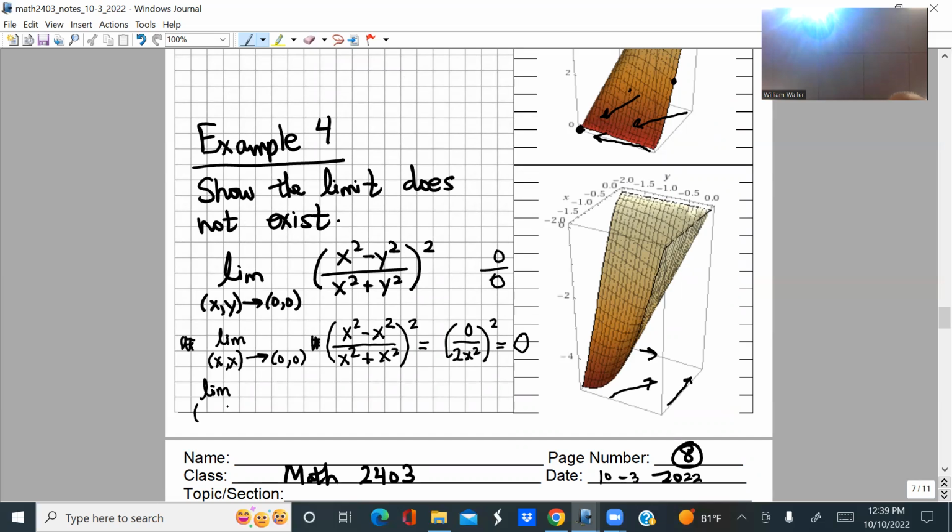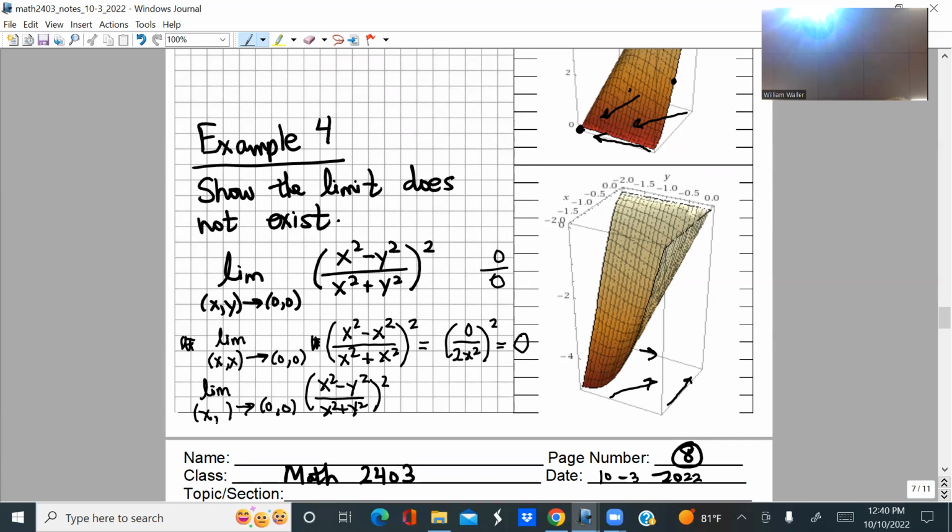So what do these points look like as you are approaching along the x-axis? y is always equal to 0, right? y is always equal to 0. So x can be anything, right?